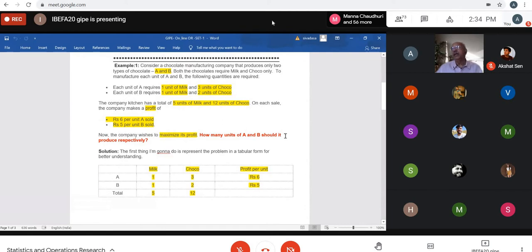Is the research problem. Products are 2. Profit per one. Decide how many to be produced with available materials so that profit is maximum.